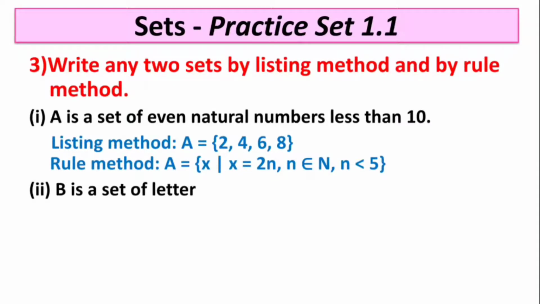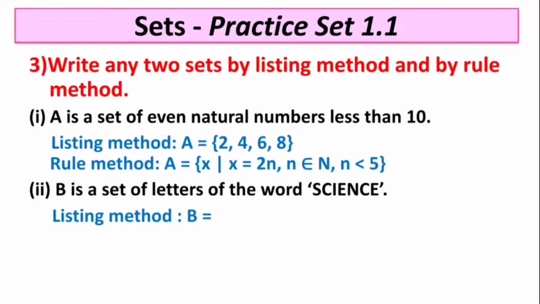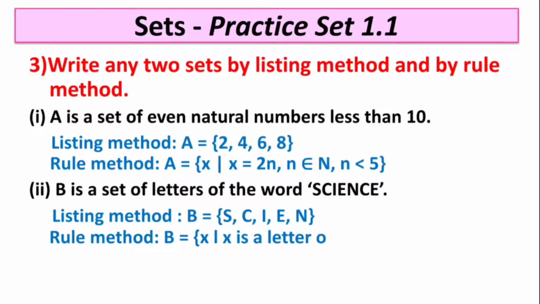Now the second problem is B is the set of letters of the word science. In listing method, we have set B equals {S, C, I, E, N}. As we know, each element is written only once and separated by commas.